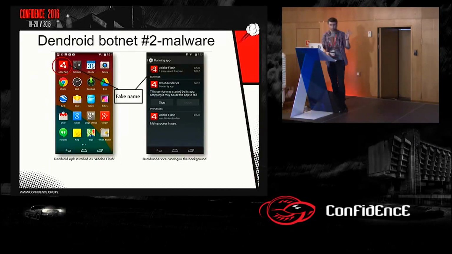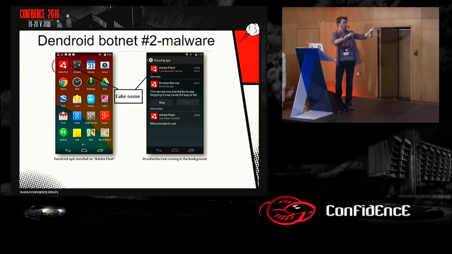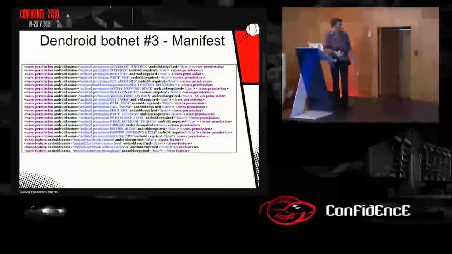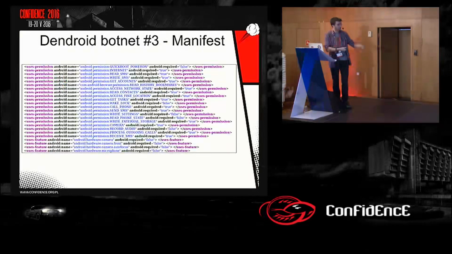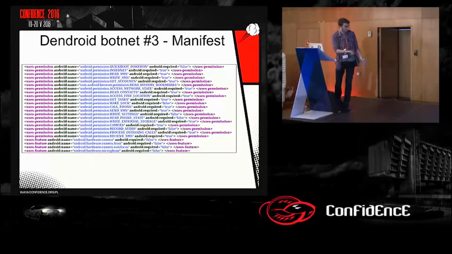This Dendroid botnet looks like Adobe Flash. Most people will think it's nothing important, like Adobe Flash in Windows, so they will think it's okay. But actually, by installing this application, the person is giving all of these permissions on the phone. So it's basically full control.